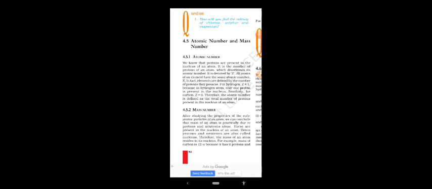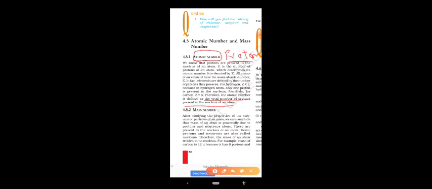Yes, here in the textbook, atomic number means the total number of protons present in the nucleus of an atom. Only protons. We can say electrons also, but the problem with electrons is the number of electrons may change at any time.